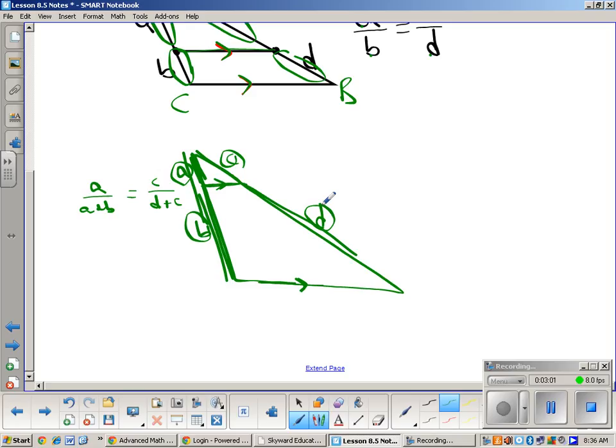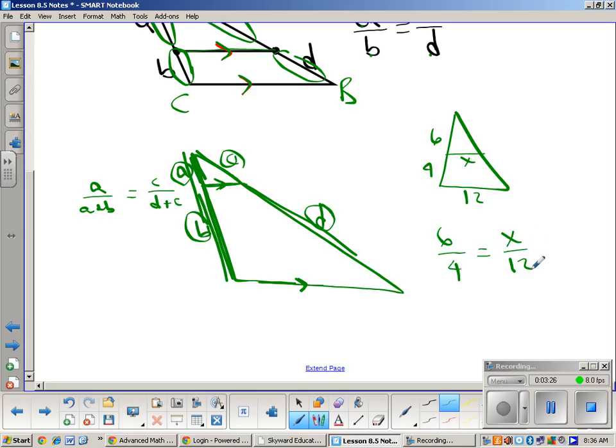Alright? Now, that got tricky last semester because we did problems that looked like this. Okay? And some of you wanted to say, well, 6 is to 4 as x is to 12.